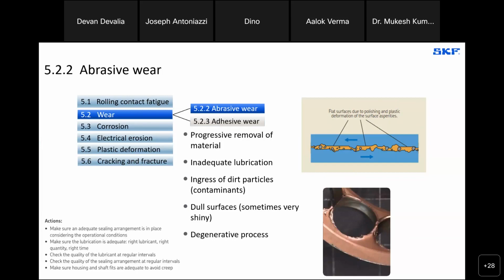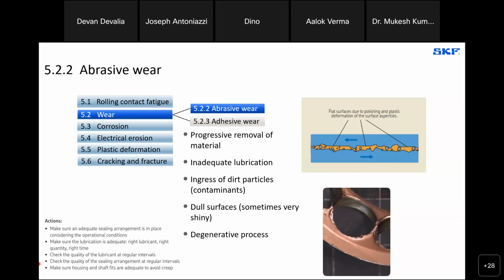Just a note about cages, and I have a picture of one down here. Cages are typically the softest and most fragile component in a bearing. So we'll often see the most dramatic damage in a cage, and we will often look at the cage when doing failure analysis as evidence to support the fact that there was external contamination.